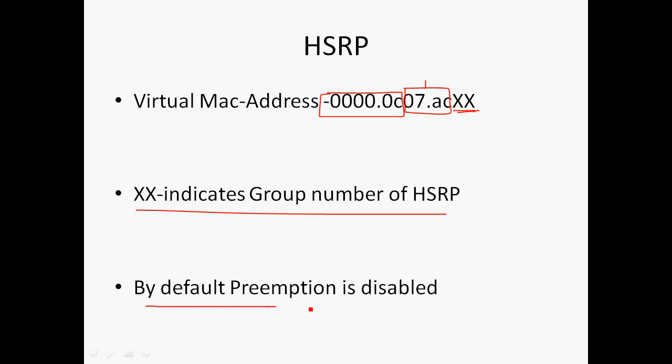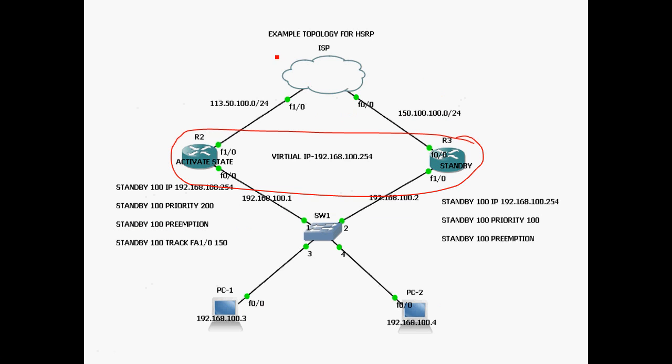Next one, by default preemption is disabled. So what is meant by preemption? We can see an example topology for HSRP. This is an ISP. Here two gateways are there. One gateway's physical interface IP address is 192.168.100.1 and the other is 192.168.100.2.